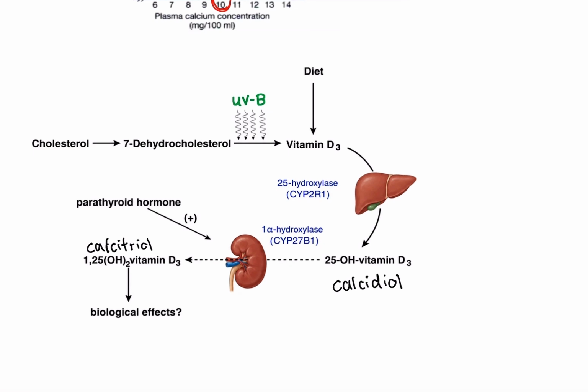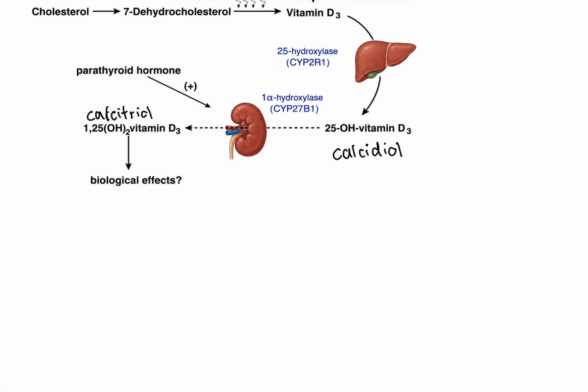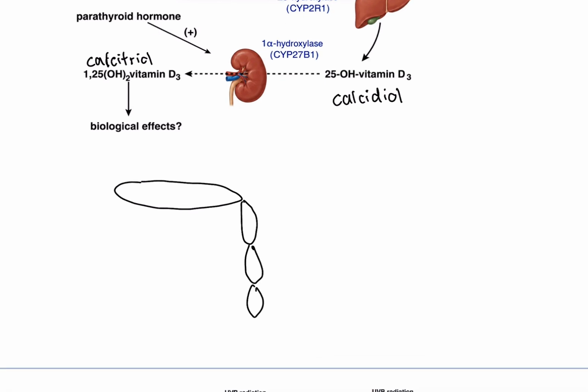And what this allows for is within the small intestine, imagine this is our little small intestine, and these are the cells that line my small intestine, the enterocytes. What happens is you'll have a little vitamin D receptor located within these cells.